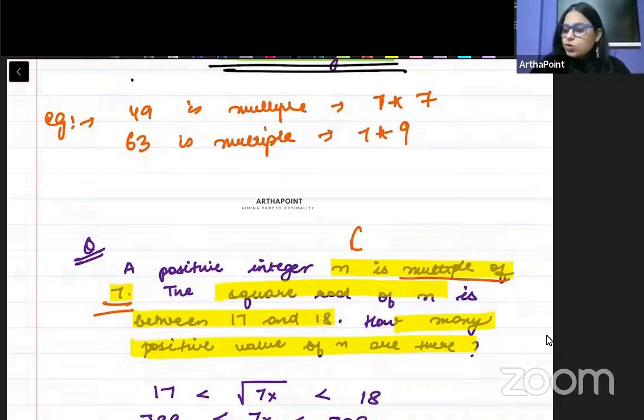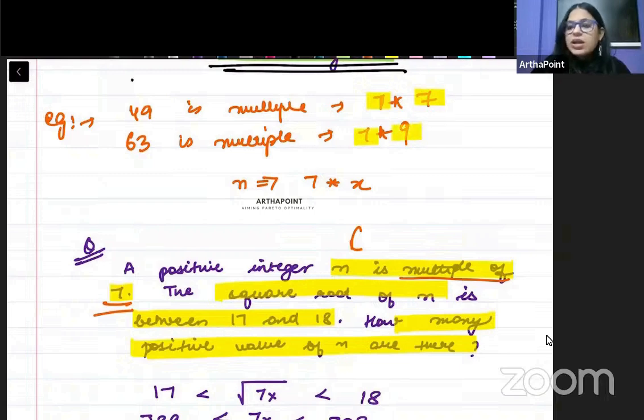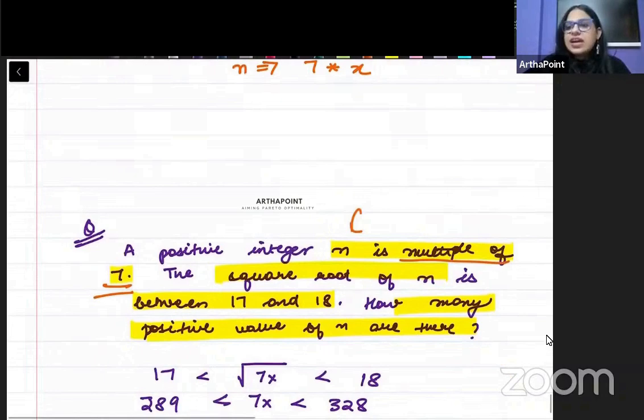So if a number is a multiple of 7, you can write that number as 7 times some number x. Whenever a number is a multiple of some number, you can write it as 7 times or 8 times that number, whichever it is a multiple of.